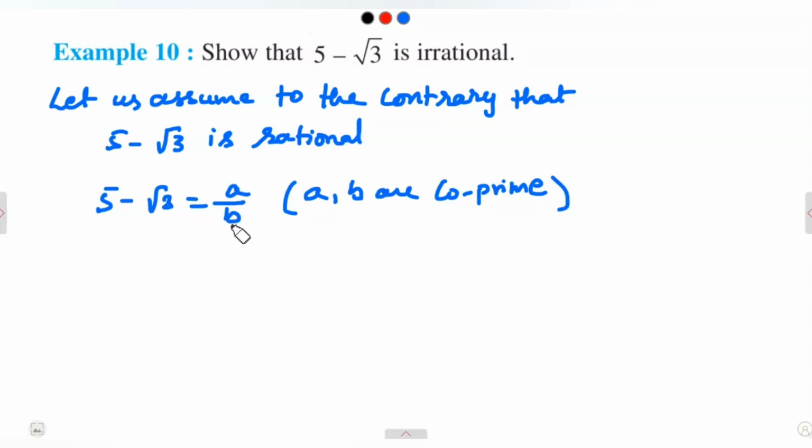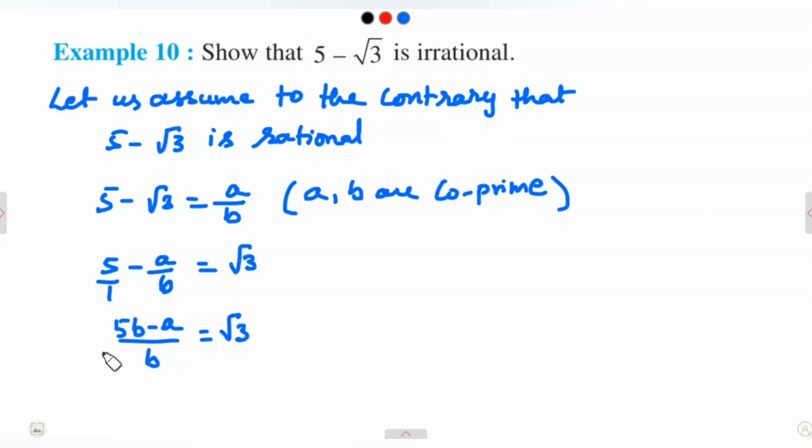Now let us bring A by B to this side and send root 3 to the other side. So 5 minus A by B is equal to root 3. Next, by taking LCM and subtracting these two, B is the LCM, so (5B minus A) by B is equal to root 3. Now, as you understand here, A and B are integers.